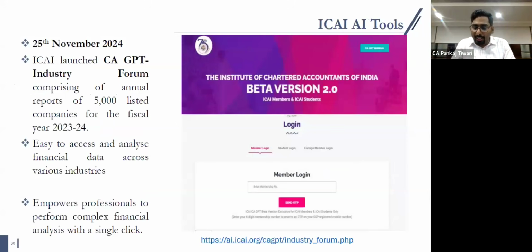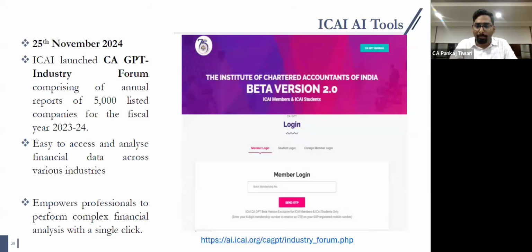Now, coming to an AI tool, my friend, as you know, a lot of people are now looking at AI tools as an indicator or a support service. There's an AI tool launched by the ICAI itself, which you can easily log into. It is available to all chartered accountants today in India.